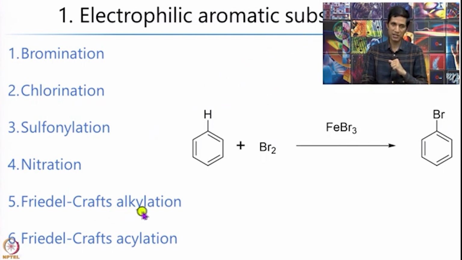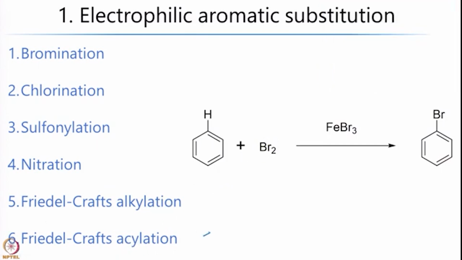And similarly with the Friedel-Crafts alkylation, you have an alkyl group which replaces the hydrogen, and in the case of the acylation you have an acyl group which is being introduced, that is, you have this kind of group, and here you have just R. So these are the substituents which are going to change from a given aromatic system.